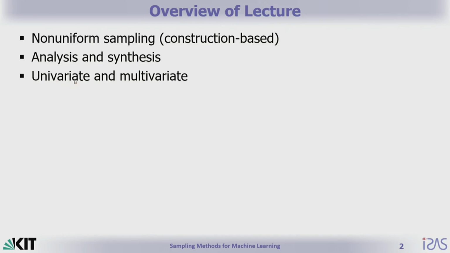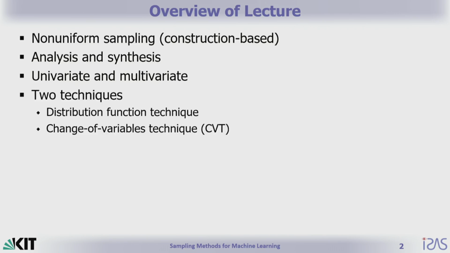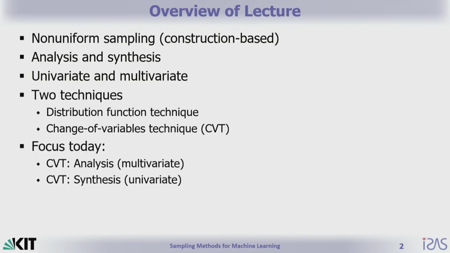We will also see today, when we take a look at some sample methods, especially for the transformation-based sampling, that the univariate case is much, much simpler. We always discuss 2 techniques, the distribution function technique and the change of variables technique. For the change of variables technique, we will focus today on the multivariate analysis.